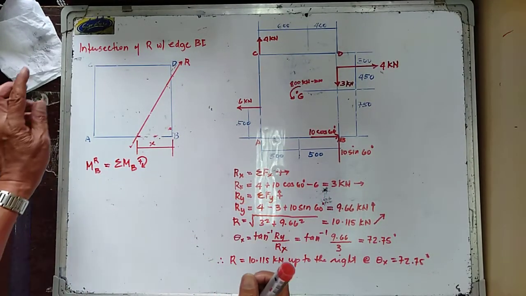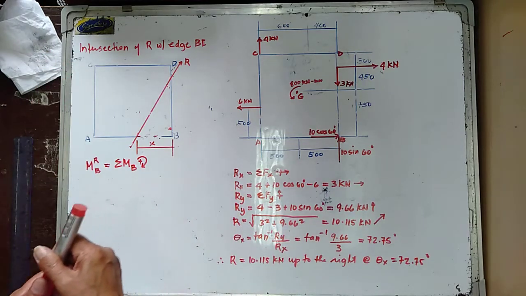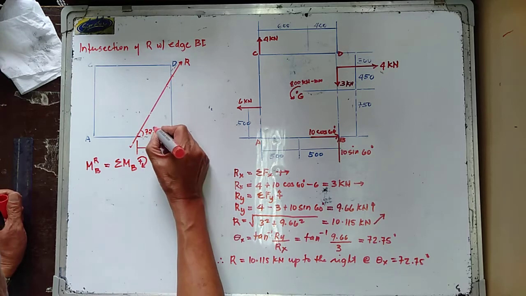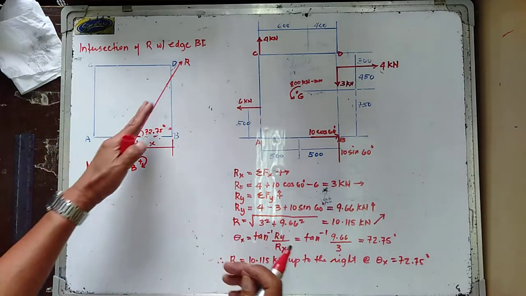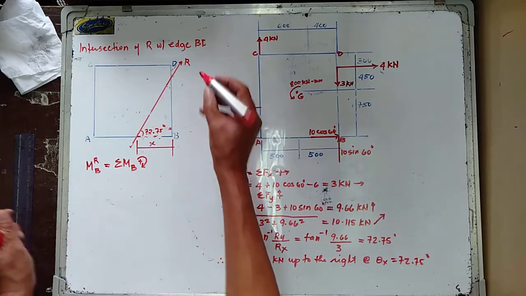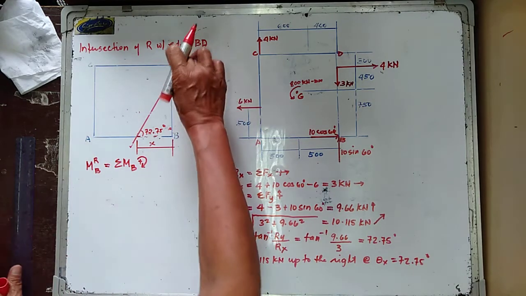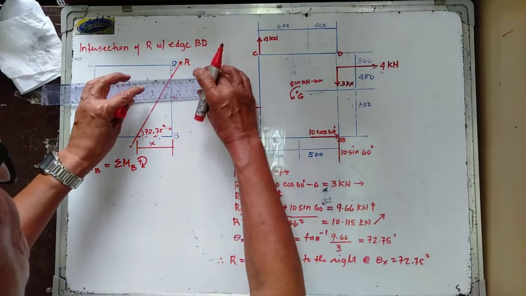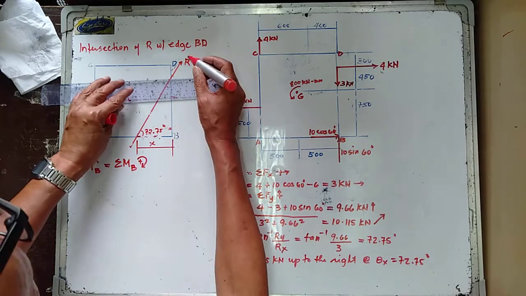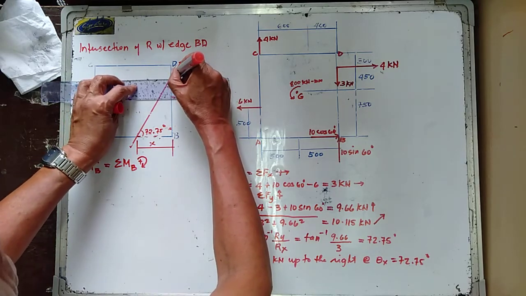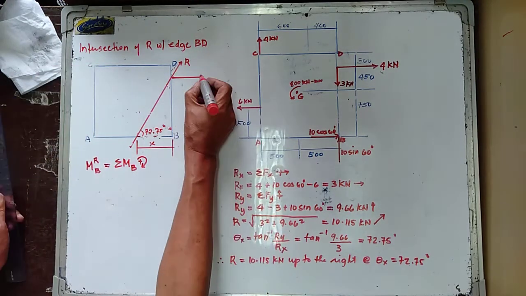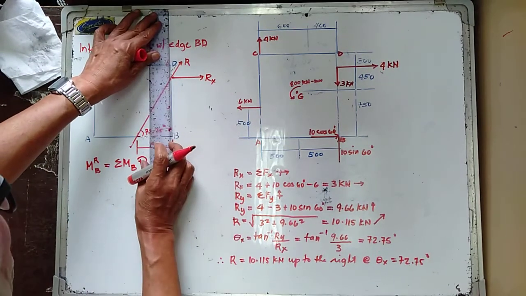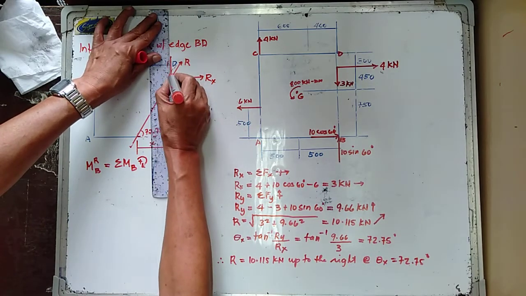Now, let us try to determine the intersection of the resultant force with edge BD. So this is now your edge BD. So I'm going to resolve the component of the resultant force at this point. So this is therefore your Rx, and this one is now your Ry.